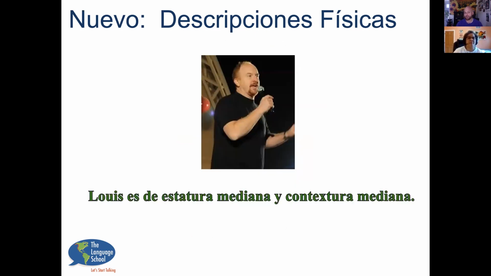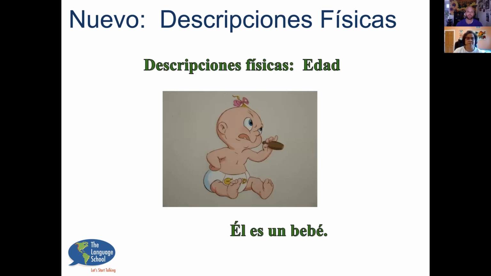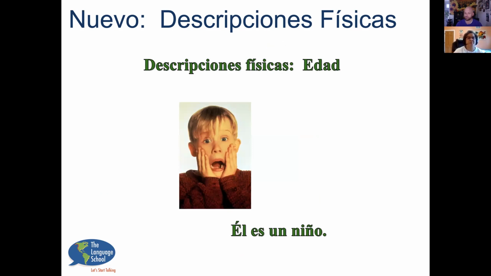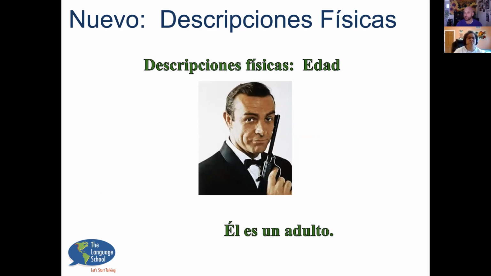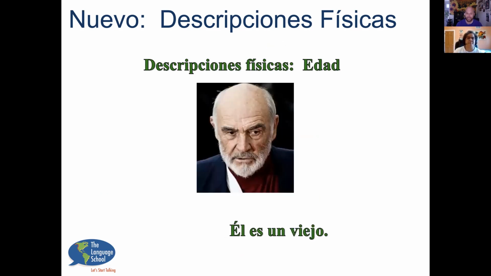Luis es de estatura mediana y contextura mediana. So average height, average weight. Edad means age. So él es un bebé. Él es un niño. Él es un joven. Él es un adulto. Él es un viejo.